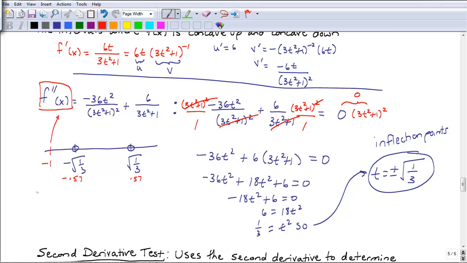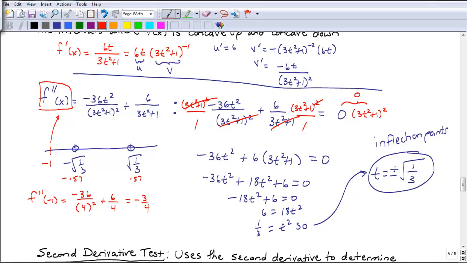When I plug in negative 1 into the second derivative, because I'm testing concavity, I get negative 36 over 4 squared plus 6 over 4. Negative 36 divided by 16 plus 6/4 gives me negative 0.75.